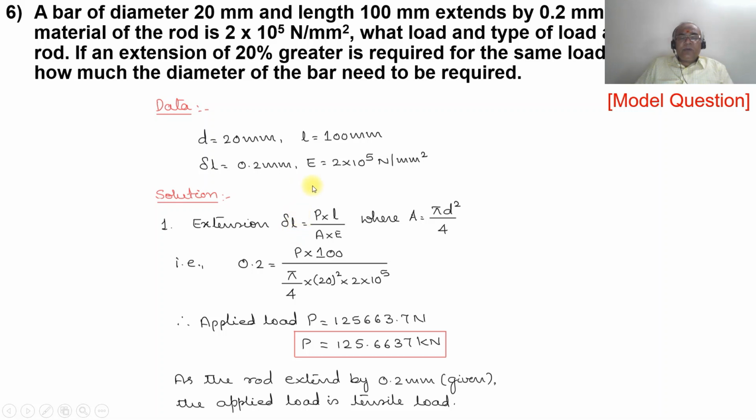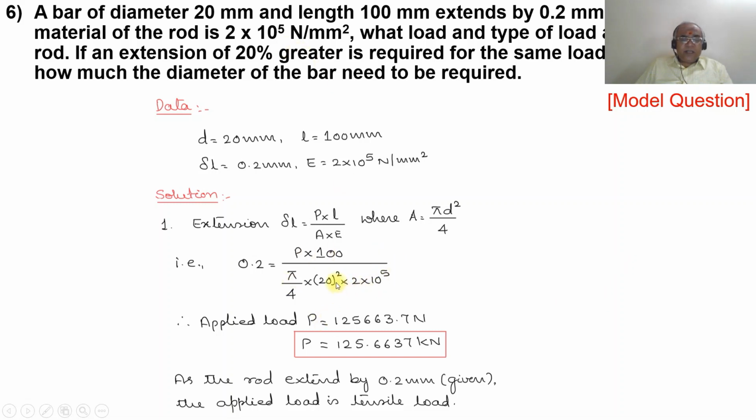So delta L is equal to P into L by A into E, where A, since it is a round bar, is the cross-sectional area of the rod, which will be equal to pi d square by 4. So what is delta L? Substitute the values. Delta L is equal to 0.2, P which I don't know, which I need to find out. The length is given by 100 mm divided by the area of cross section, pi by 4 into 20 square, into Young's modulus, which is given to be 2 into 10 to the power of 5.